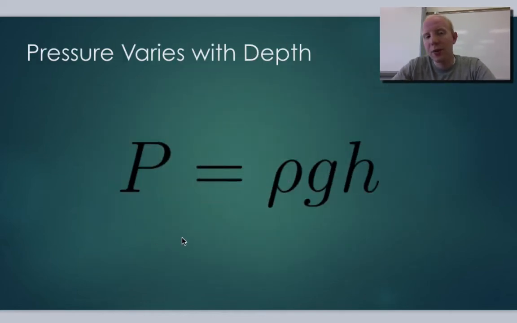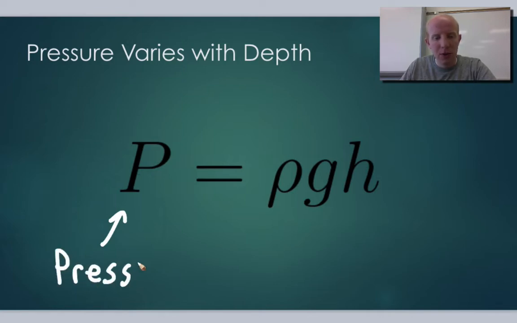So the key idea we want to understand is that the pressure for any fluid varies with its depth. In this equation, we can say capital P we'll use for pressure just like we did before, and it's still equal to the force over the area, but more specifically when we're inside the fluid we can also calculate it like this.